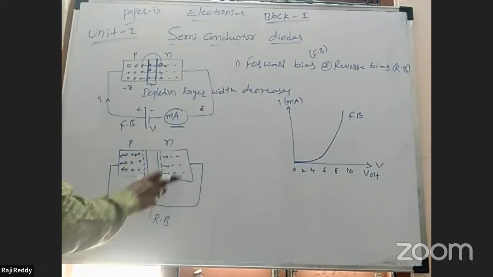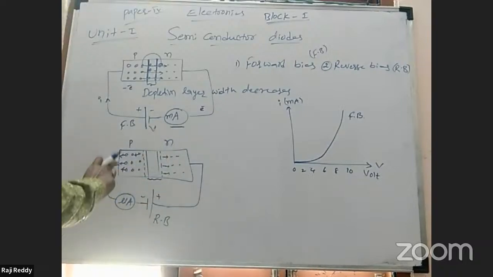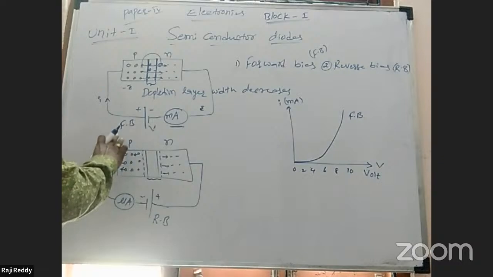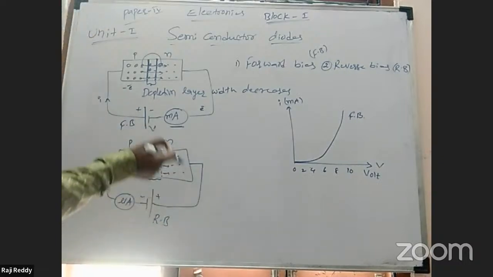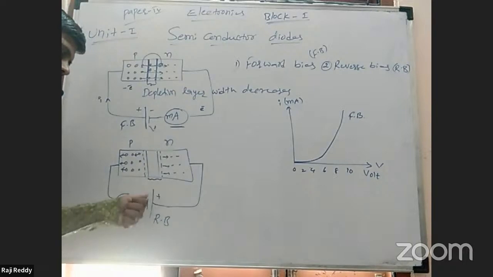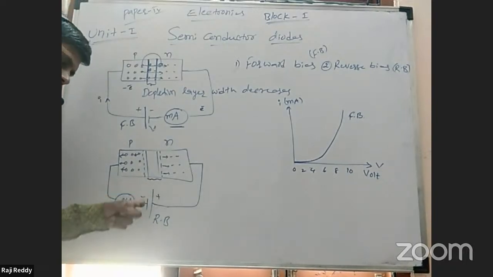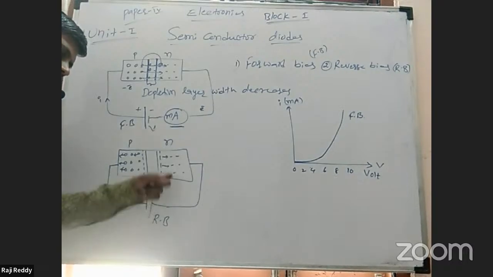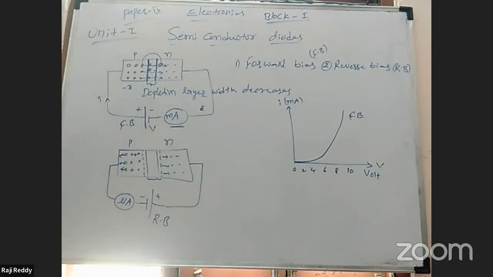Only energetic electrons can diffuse from the n region to the p region, and holes can drift from the p region to the n region. Only energetic electrons can jump from one region to another. The external electric field applied across the battery terminals is lesser than the potential barrier.